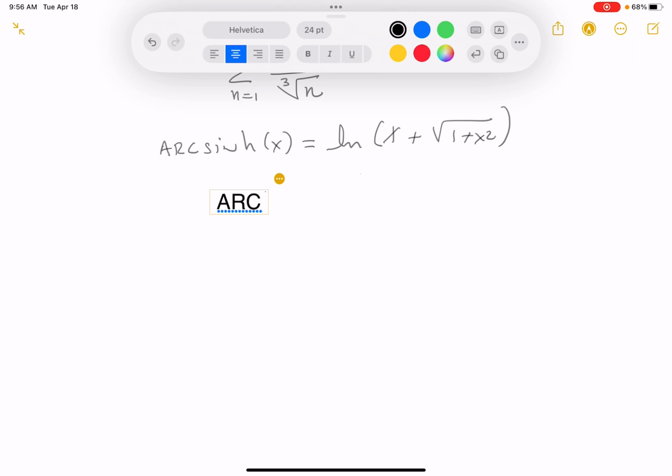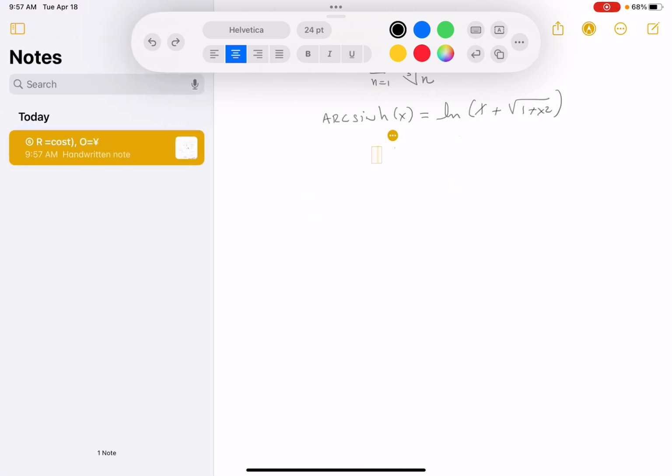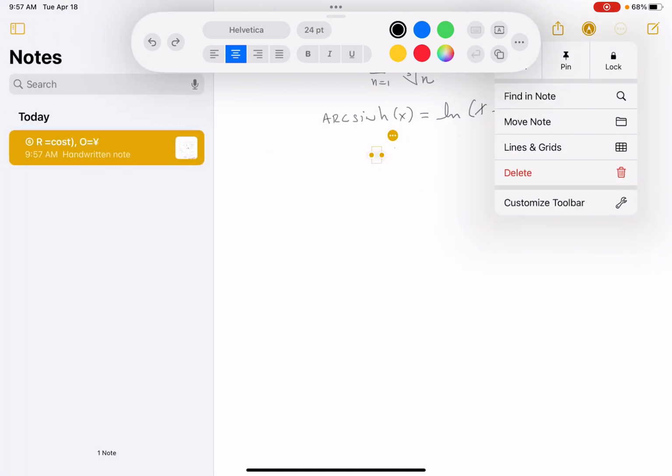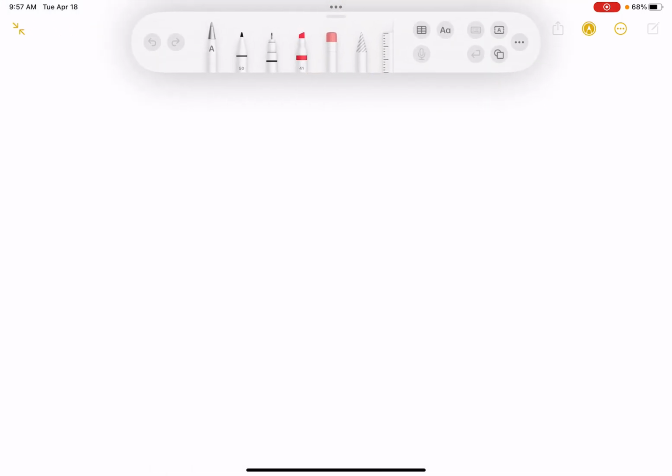Back to my pen. I really screwed up somewhere, so let me get rid of this and start with a new note. Sorry about that.